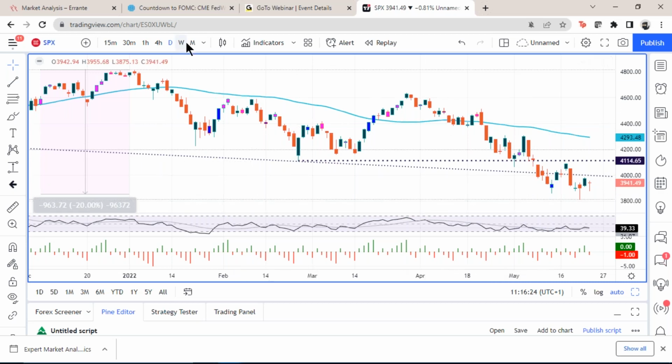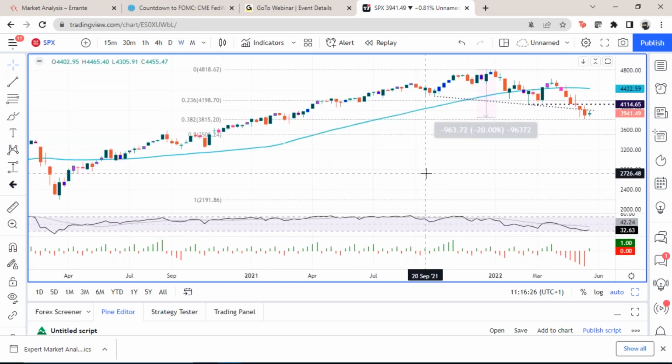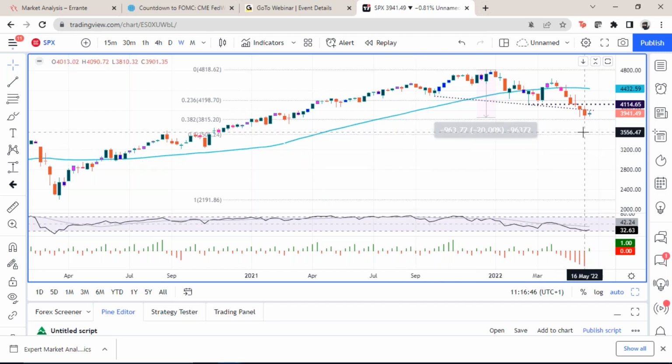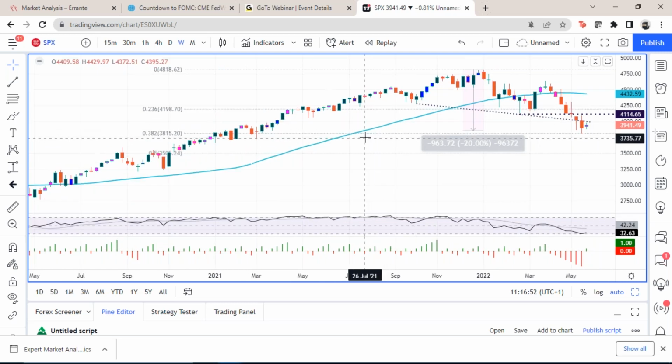And then, if we just switch back to the weekly, I've put on some Fibonacci retracement levels here. I've marked this year's high at 4818, and then the pandemic low of 2191. And you can see that last Friday we touched that 38.2 retracement level around 3815, so that acts as serious support now for a move lower.